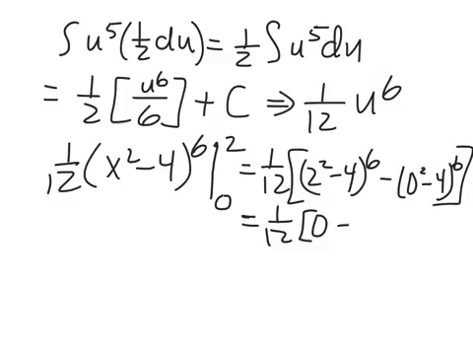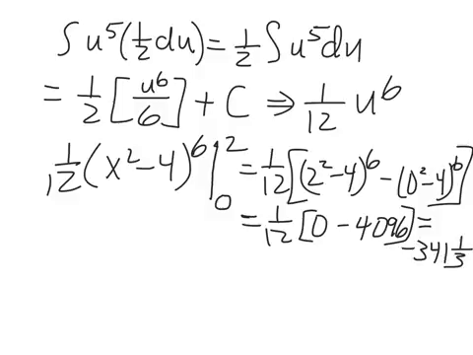Someone want to plug that into your calculator? I can't quite do that one in my head. So 4,096 on that one, and then go ahead and multiply that by 1/12, or basically divide by 12, and we get what? Okay, so negative 341.333, well, 1/3. However you want to write that. I'm not real picky on that, but we get this value for the definite integral.